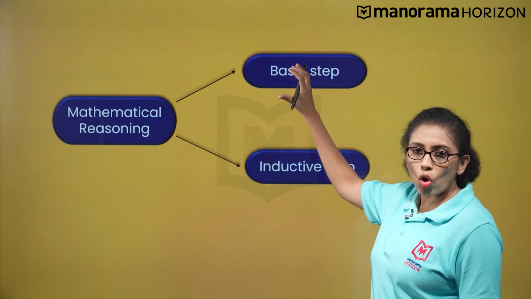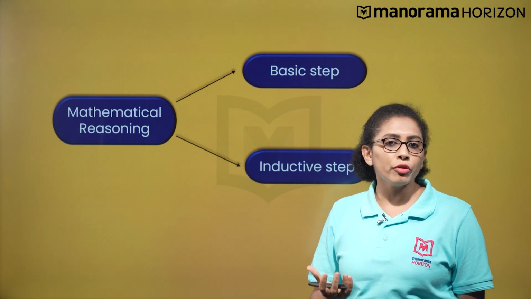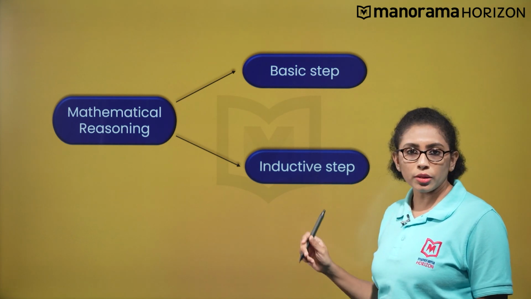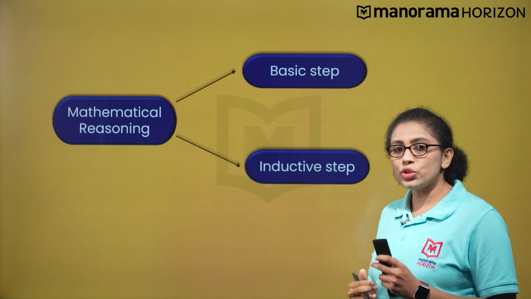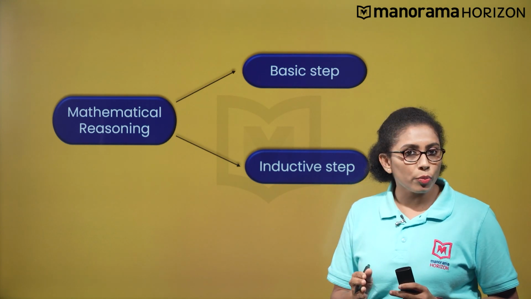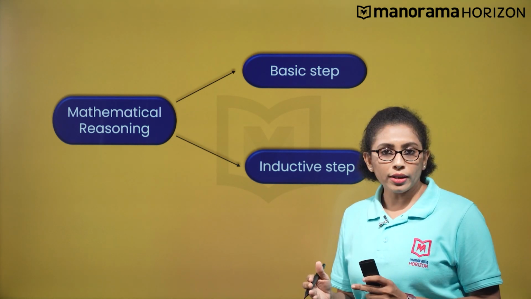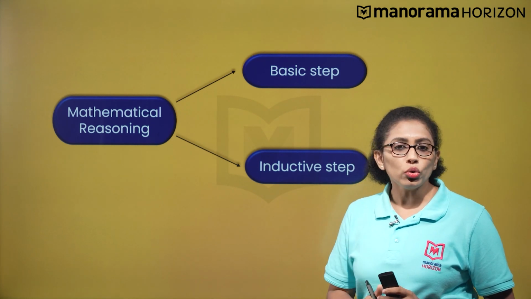The basic step is all about proving the given statement for the initial values. Now, what about the inductive step? In the inductive step, one needs to check whether the stated proposition is true for the (k+1)th value, provided it is true for n equal to the kth value.